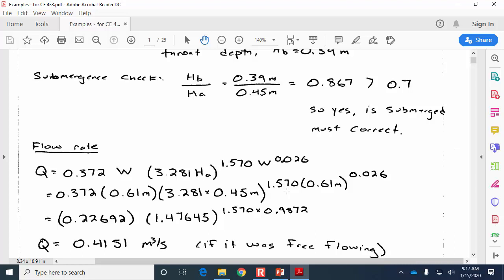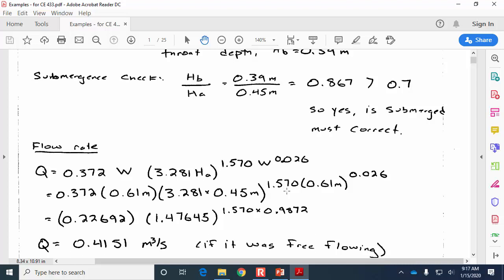That's what the flow rate through the flume would be if we had measured a depth in the converging section of 0.45 meters and if the downstream depth was really low. Like if we had a steep channel that's coming out of the flume or a really wide channel, like if things weren't backed up once the water gets through the flume, then the flume would be carrying 0.4151 cubic meters per second.